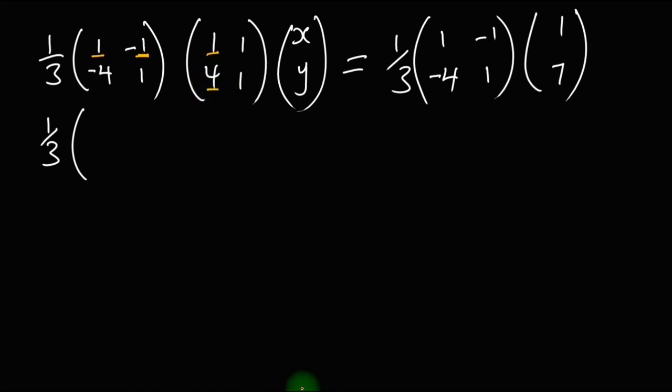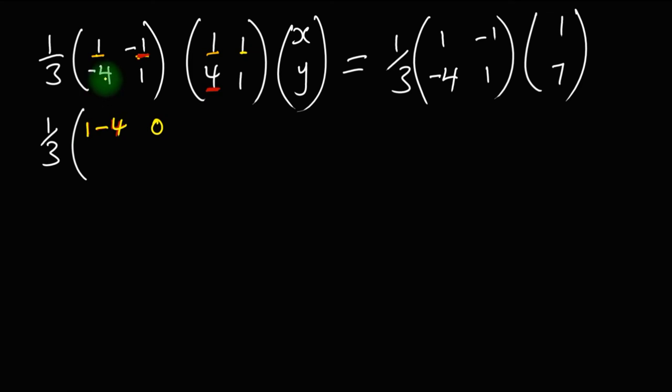So 1 times 1, that is 1, then plus -1 times 4, that will be -4. Then the other part is we multiply again 1 times 1, which is 1, plus -1 times 1, which we get is 0.